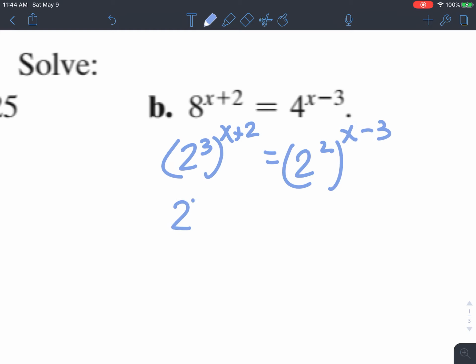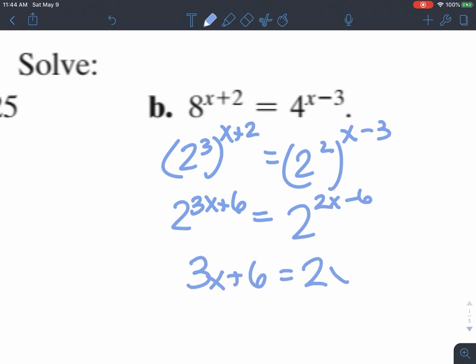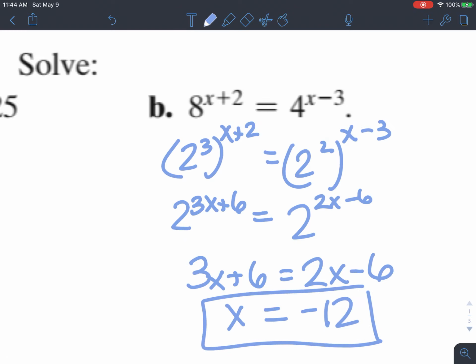And then distribute that exponent. Same bases, so exponents are equal. Subtract 2x. And subtract the 6. We get x is negative 12.